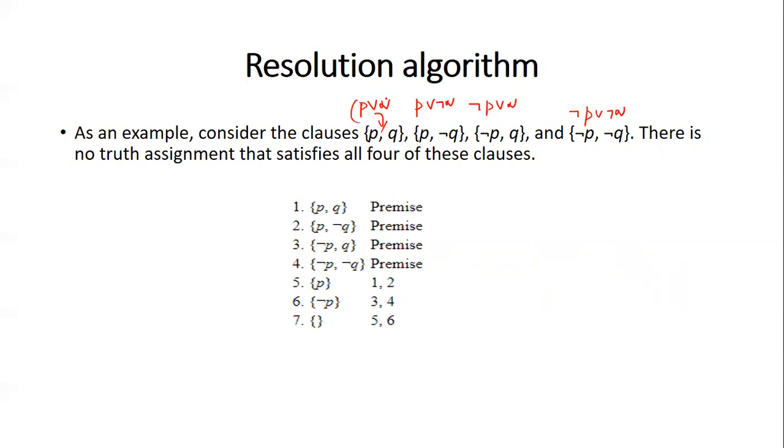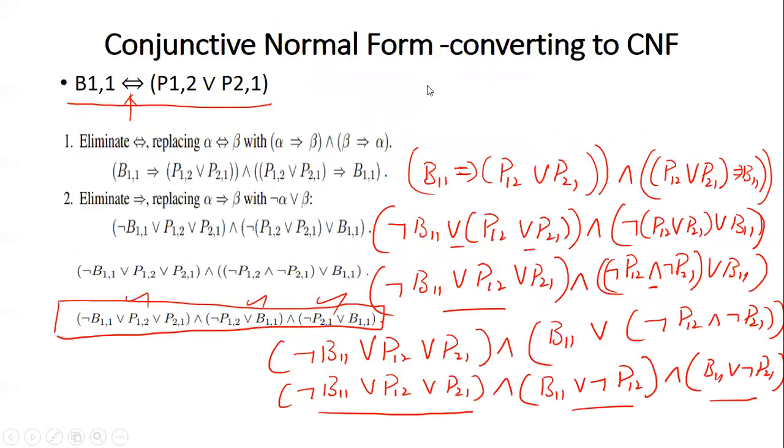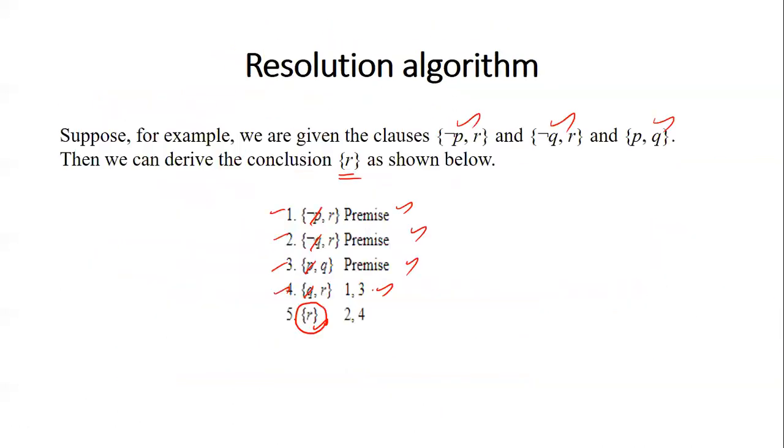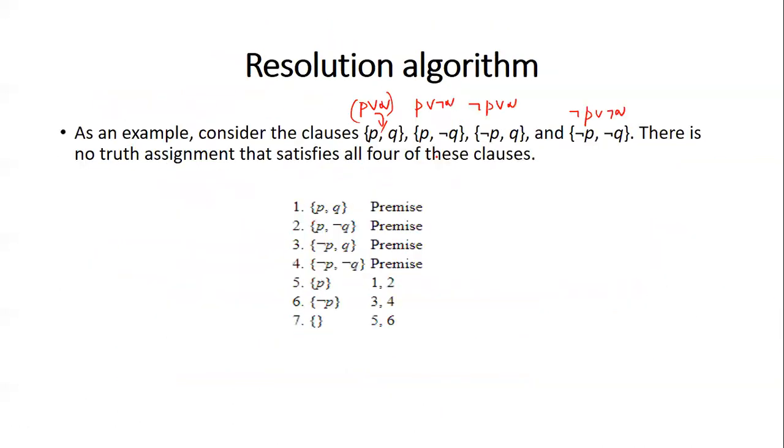In the previous step, it is of this clausal form. That clausal sentence only we are representing as a clause. The question is, you apply any value for P and Q, and there will not be any particular combination of values for P and Q for which you will get 1 for all P or Q, P or not Q, not P or Q, and not P or not Q. That is not possible. That is what we have to prove.